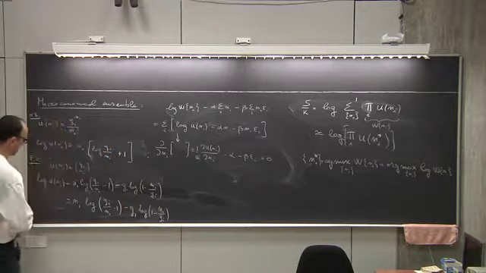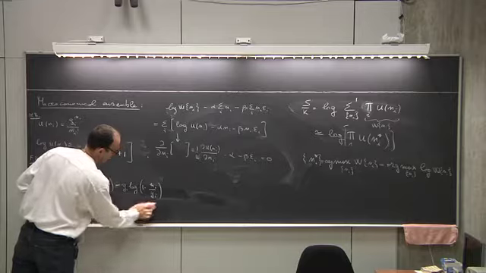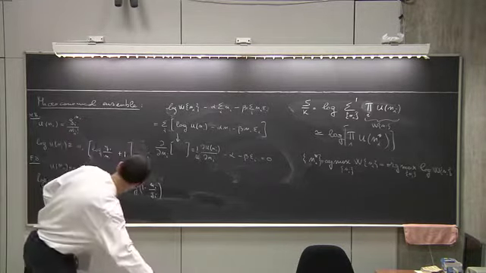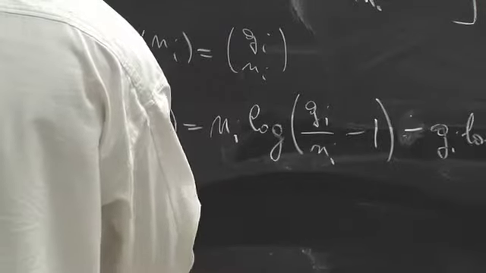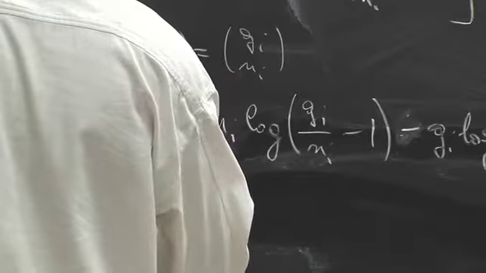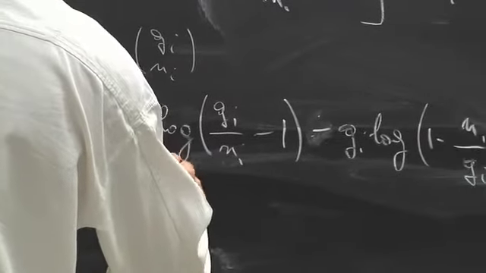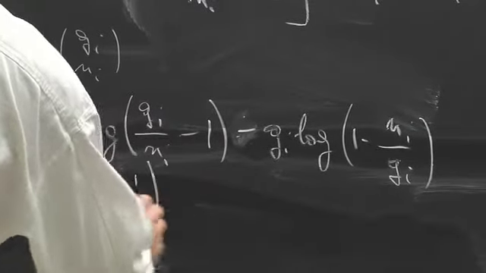Now, you can do the last case, the Bose-Einstein statistics. Let me write it here. For Bose-Einstein statistics, the U of Ni is Gi plus Ni minus 1 choose Ni.